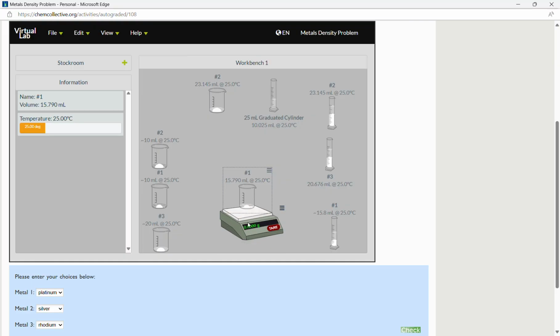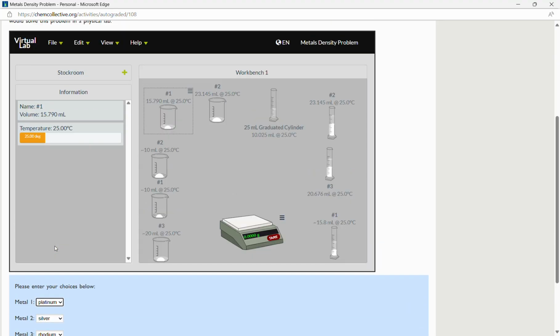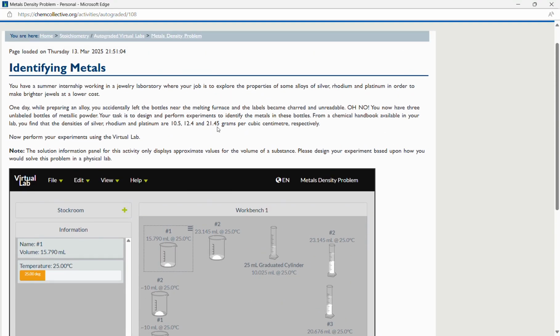When I divided this, I came up with the closest number, which was 15.02 grams per cubic centimeter, which is the closest to palladium, the highest one. Palladium.